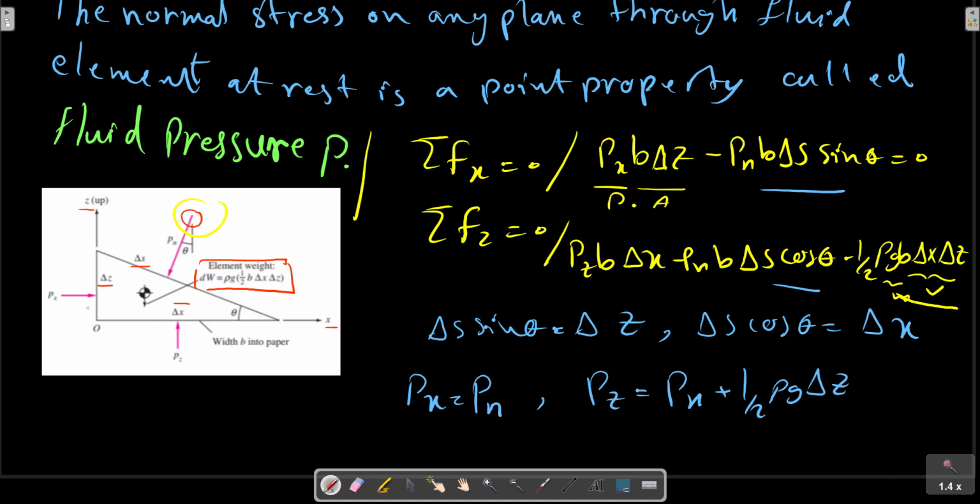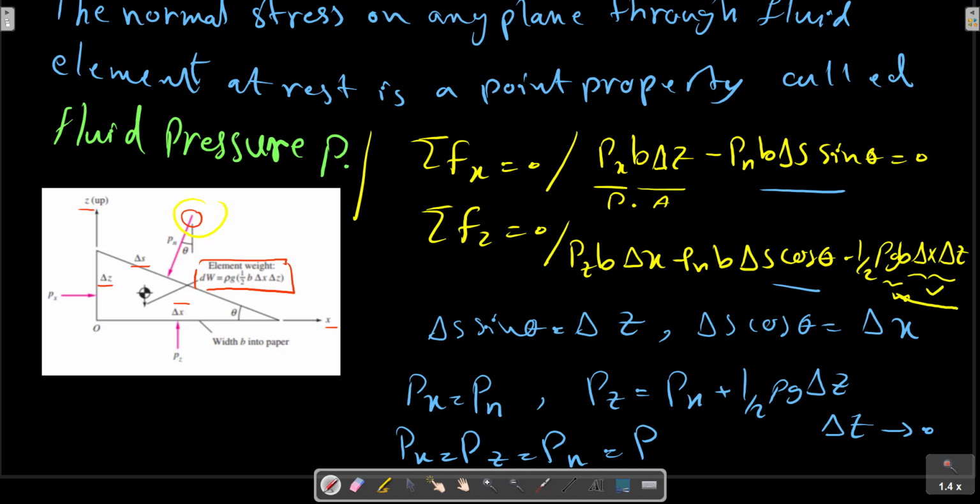In the limit as the fluid element shrinks to a point, delta z tends to 0, so we can write px equals pz equals pn equals p.